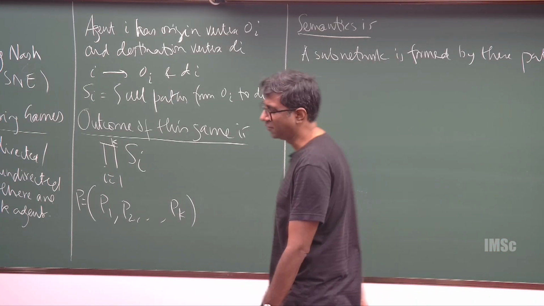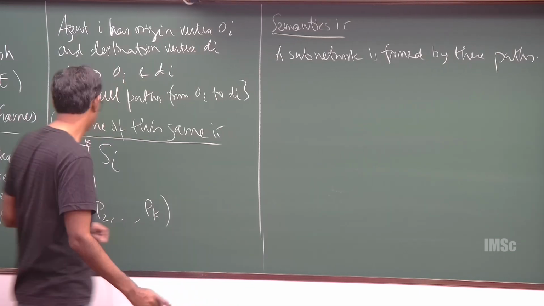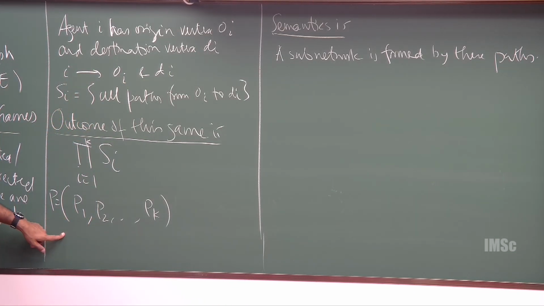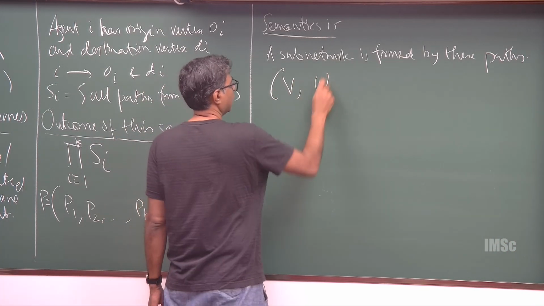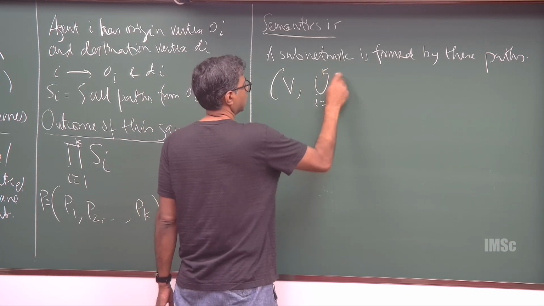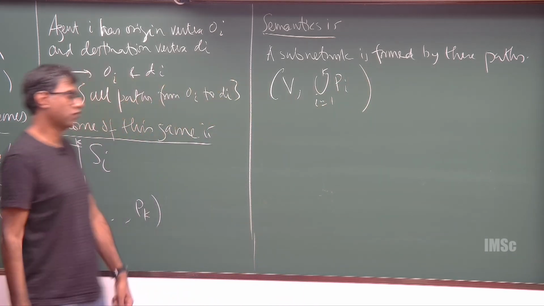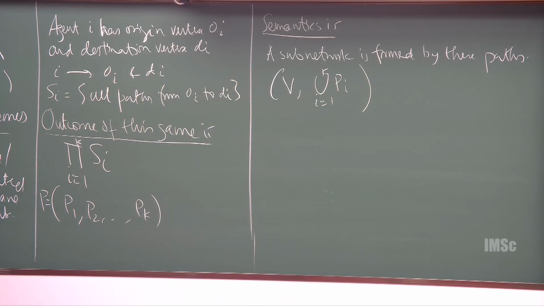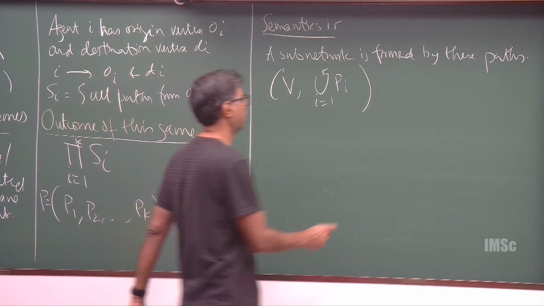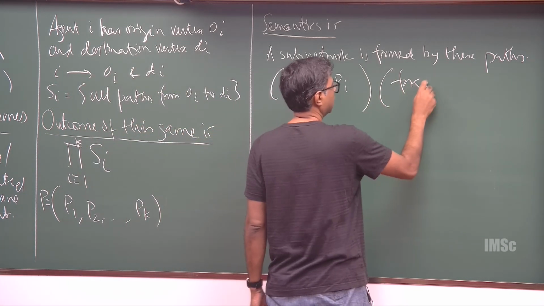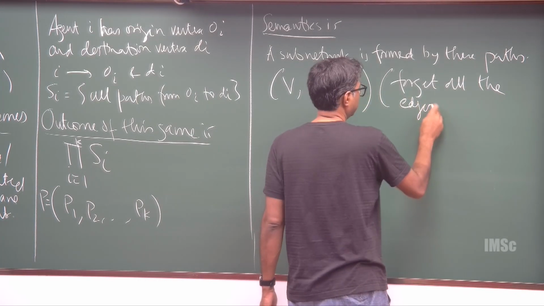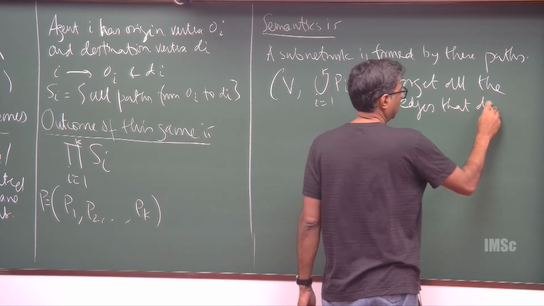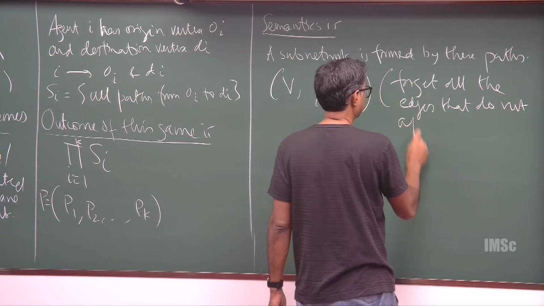Think of it this way: you have the vertex set V, and you forget all the edges that do not appear on these paths.